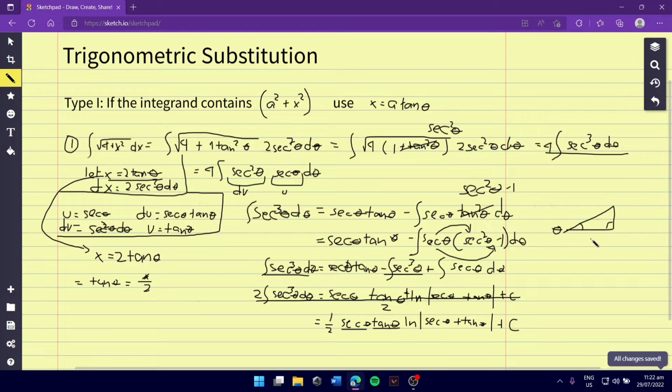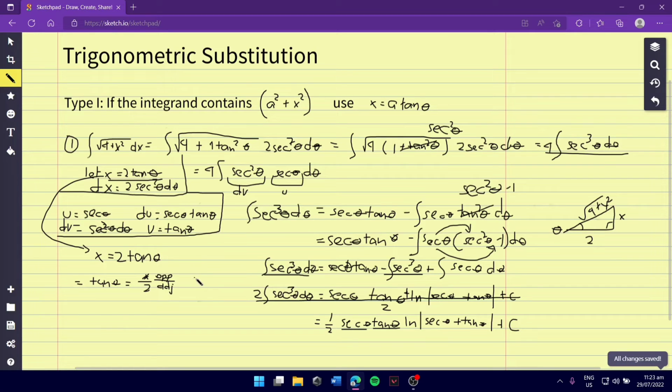I mean your opposite over adjacent, and then your hypotenuse. So we know that tangent is equal to opposite over adjacent. So now this is your opposite, so this is your x, and this is your 2. So for solving the hypotenuse, it is only the square root of the sum of the squares. So this will become the square root of 4 plus x squared.